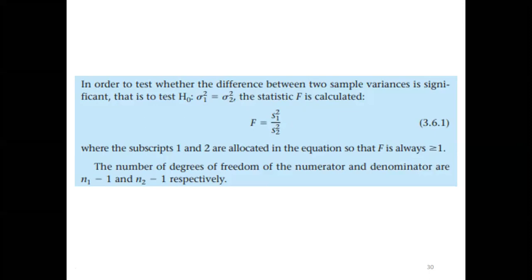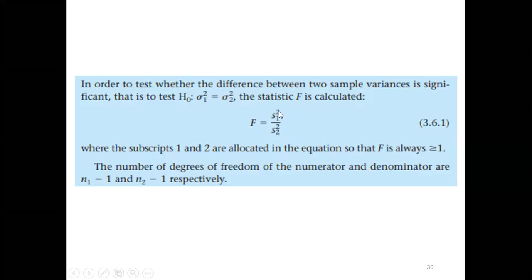In order to get that, the S1, or the variance of method 1 that we substitute in the numerator, should always be equal to or higher than the variance of method 2. Right?